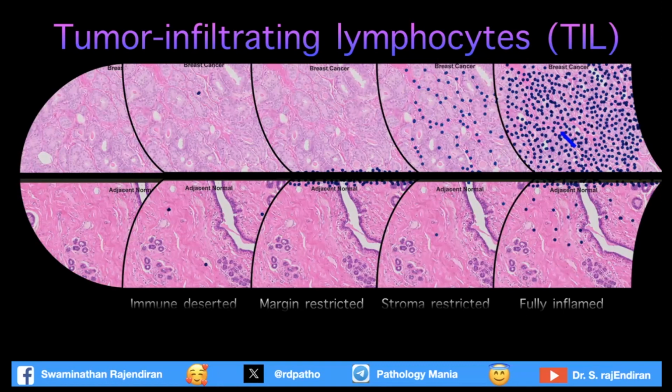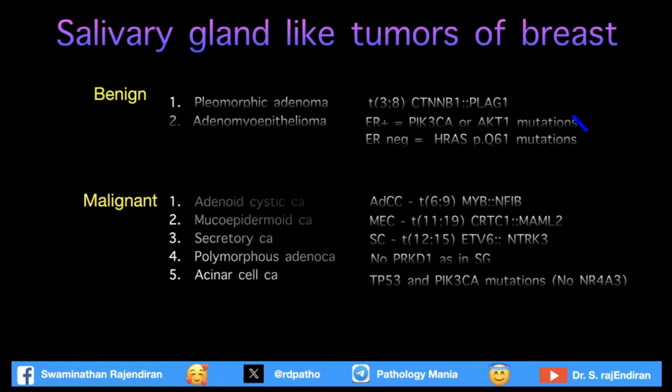Grading systems are on the way, and this is very important in targeted treatment. For example, when it is fully inflamed, it is a very good prognosis, and you can use immune checkpoint inhibitors in that. I told you salivary gland-like tumors can happen in the breast. They can again be divided into benign and malignant, and they have specific molecular findings.